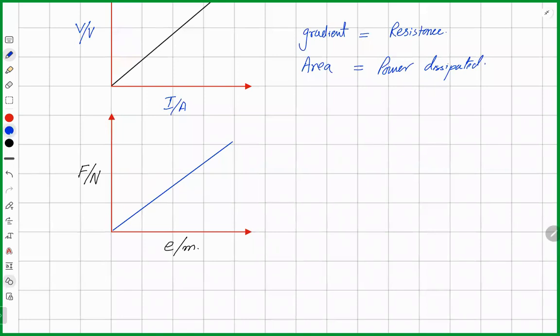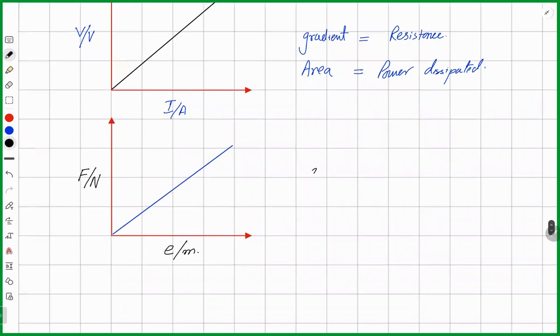In this case, what will be the quantity of the gradient? And what will be the quantity of area? Let's discuss one by one.